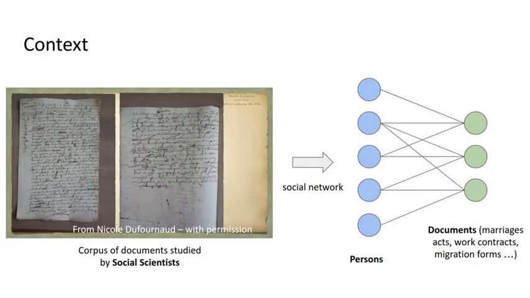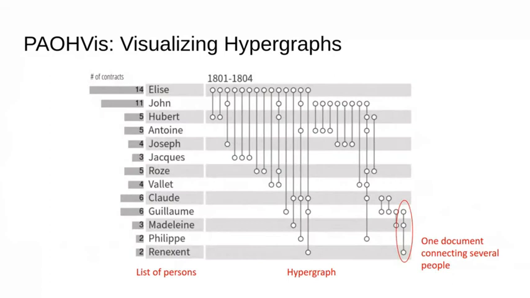And the person nodes will connect to the document nodes if they are mentioned in these documents. And we use this type of network because it is the closest representation of the raw documents. It does not use projections or things like that.